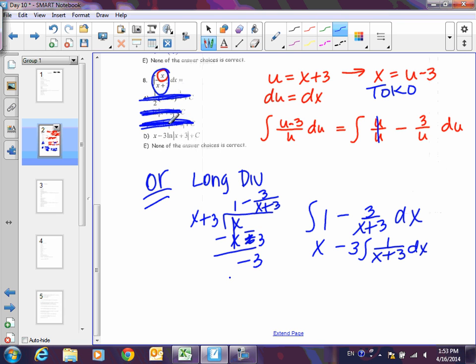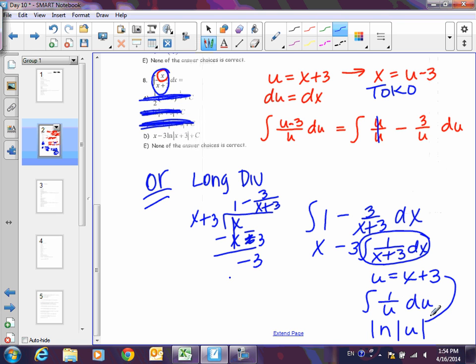Okay, the big question then is, is d right, or is there not a correct answer? Integrating this is going to be a u substitution the way it is right here. You would let u be x plus 3, and so then you're integrating 1 over u du, which is natural log of u. And since u is x plus 3, the answer is d.